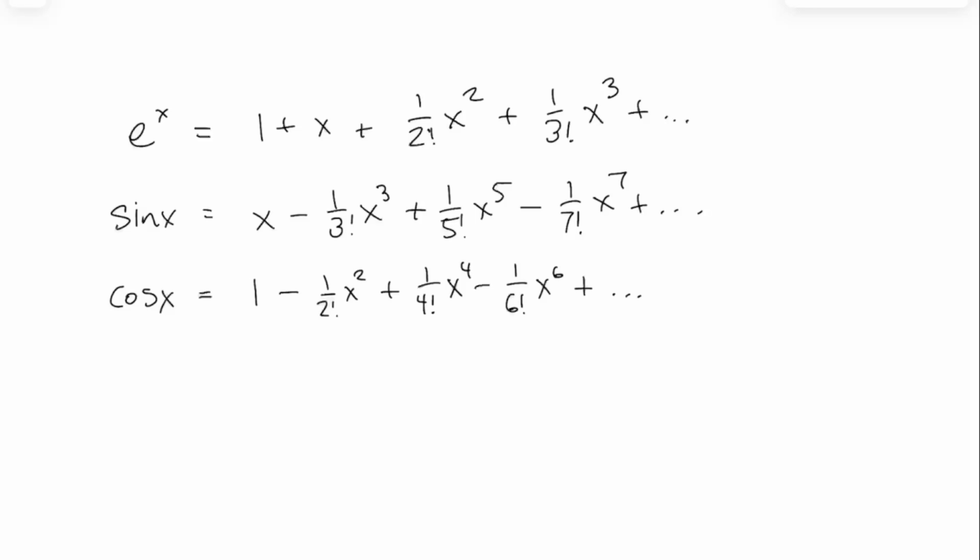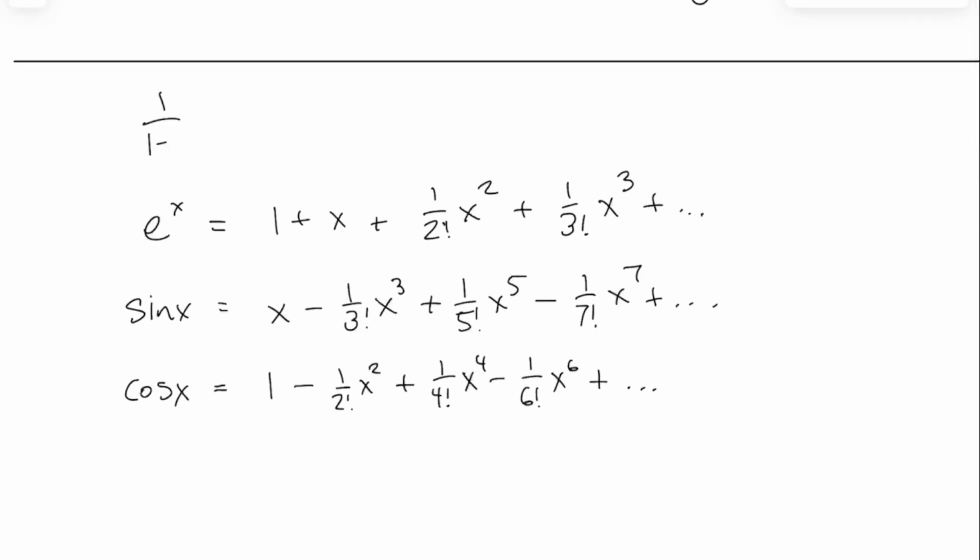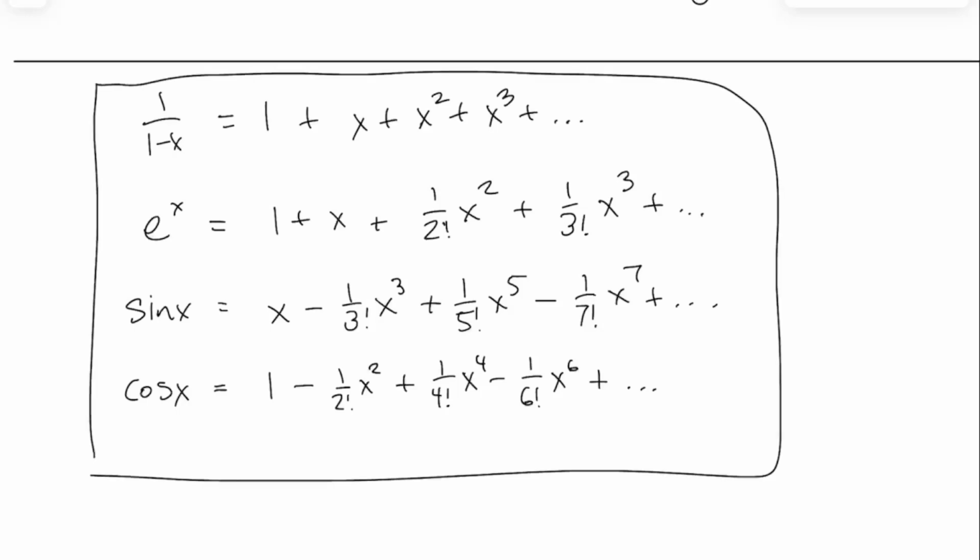You should also, of course, know 1 over 1 minus x. This is a complete list of all the ones that I would expect you to have memorized. The first one, hopefully you already know. Those next ones we talked about last time.